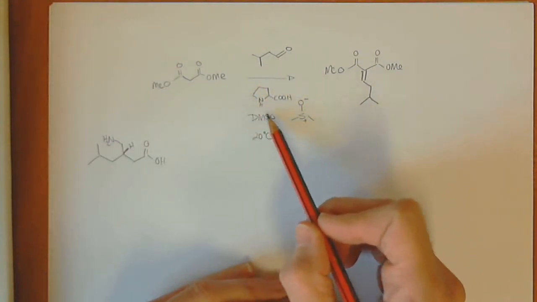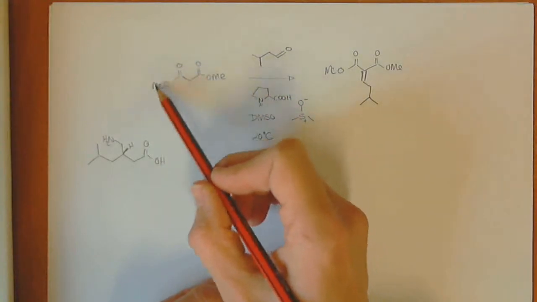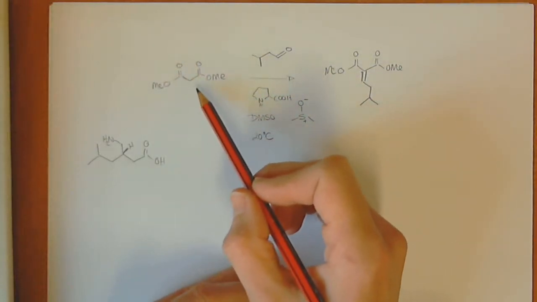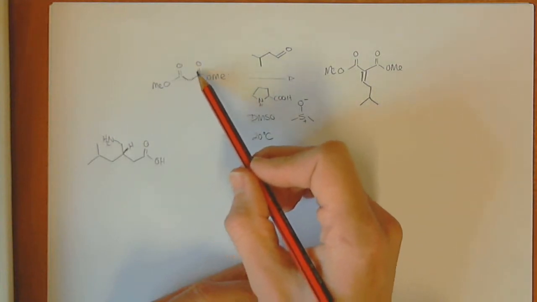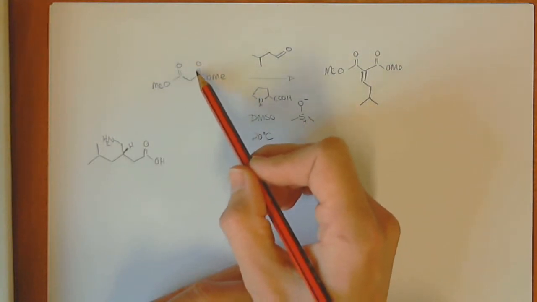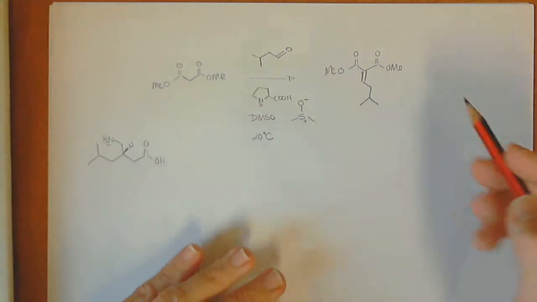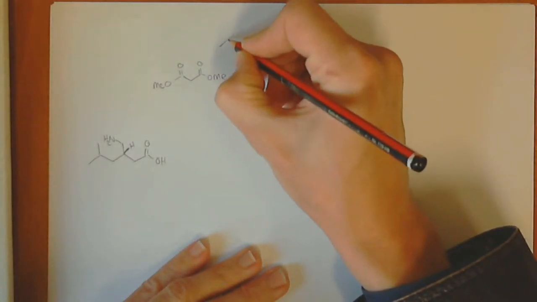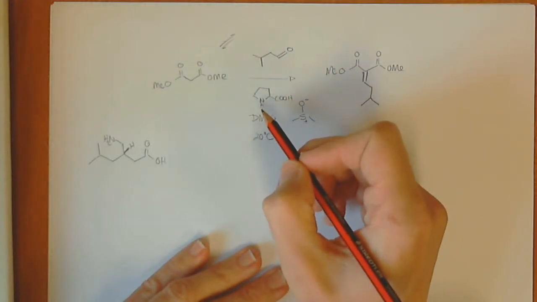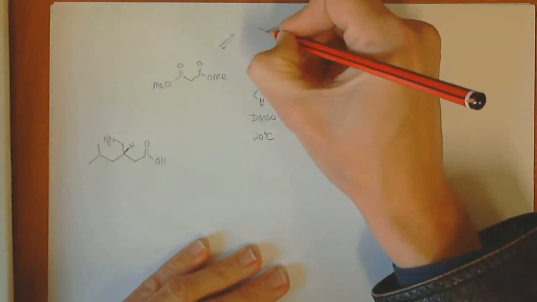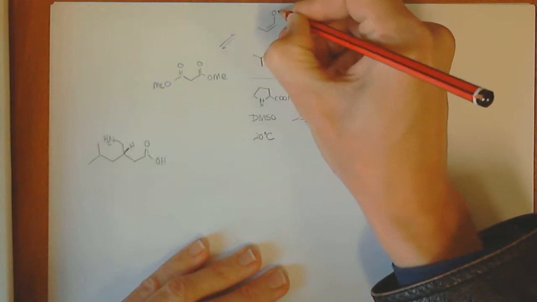More likely, though, this is just catalyzing the formation of the enol equivalent of this, which is actually very easy to form, because we've discussed that there's resonance and conjugation that gets formed with that. So all that this is doing is just catalyzing the formation of the enol form of this.